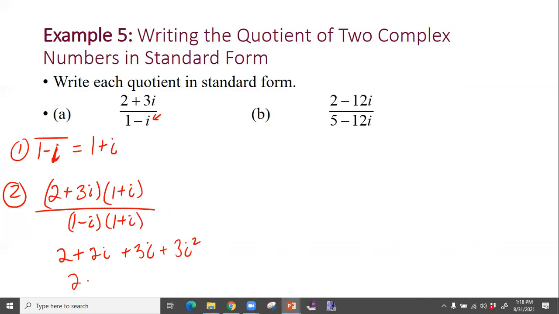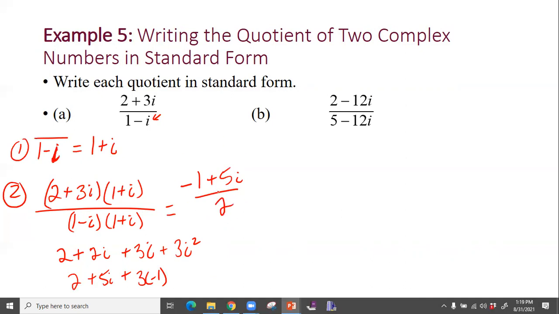And then this becomes 2 plus 5i plus 3 times -1. So my numerator is -1 plus 5i. And my denominator is super easy. I have 1 squared plus 1 squared gives me 2.